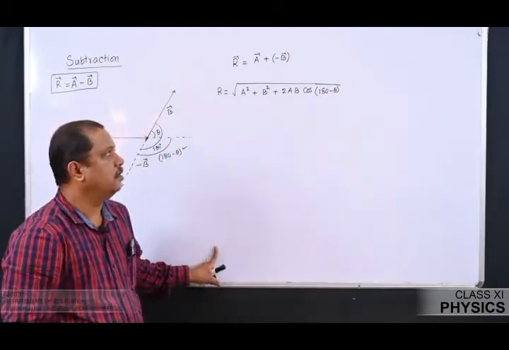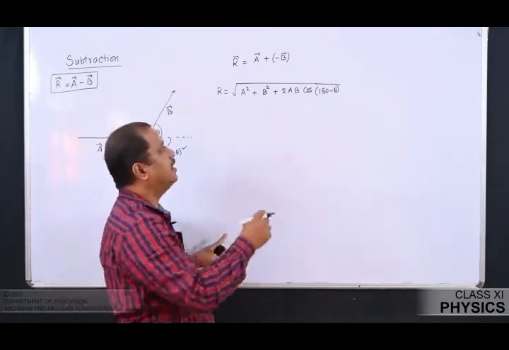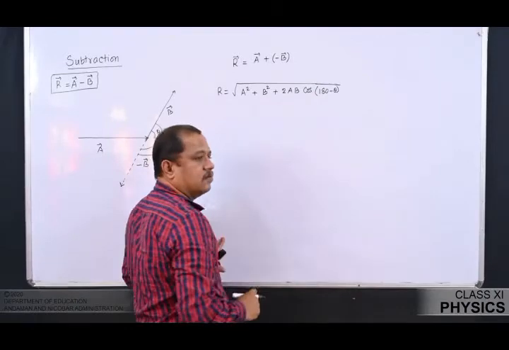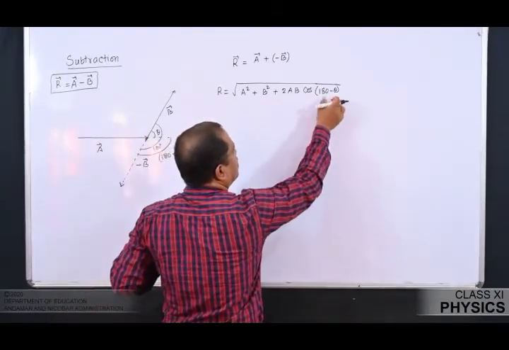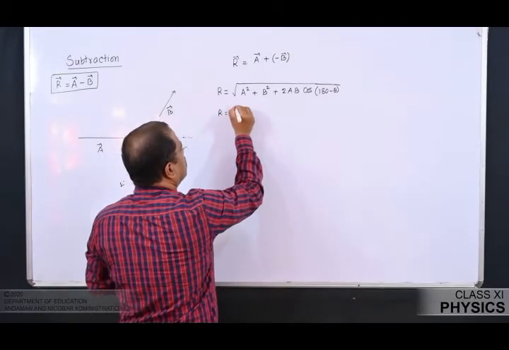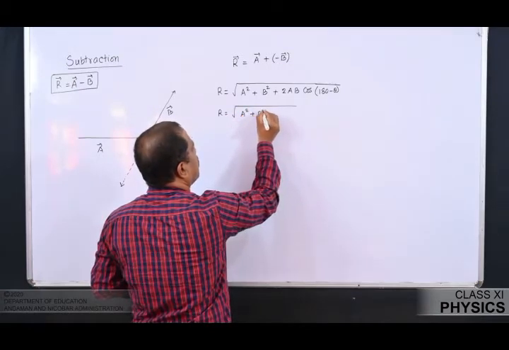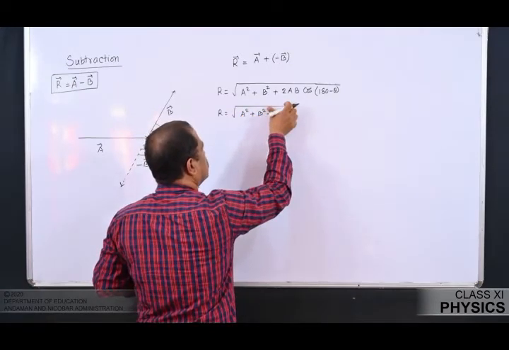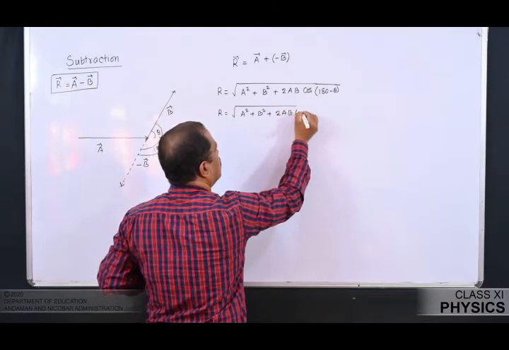Now 180 minus theta lies in the second quadrant, and in the second quadrant cosine of the angle will be negative. So cos of 180 minus theta is going to be minus cos theta. Therefore I have R is equal to root under A square plus B square plus, instead of 2AB, I have minus cos theta.